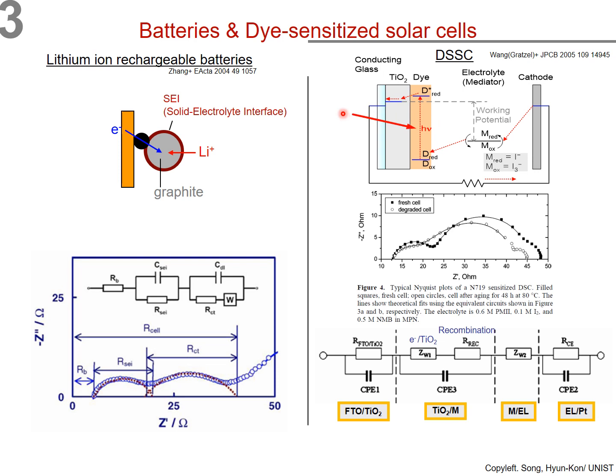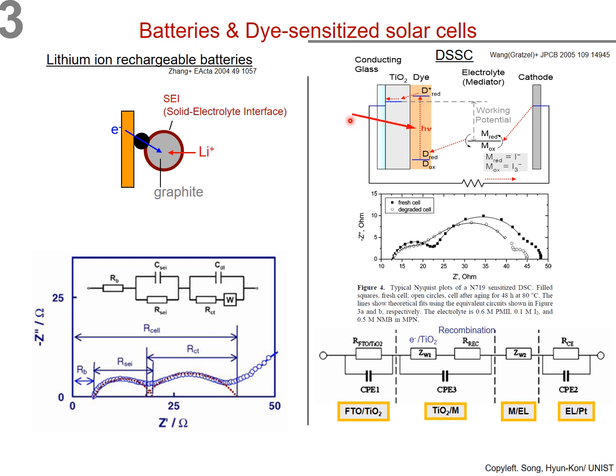So the solar ray is introduced into the system through the conducting glass. And on the conducting glass, we have titanium oxide. And on the surface of titanium oxide particles, we have some dye, photosensitized dye.